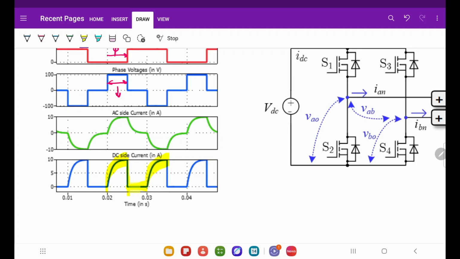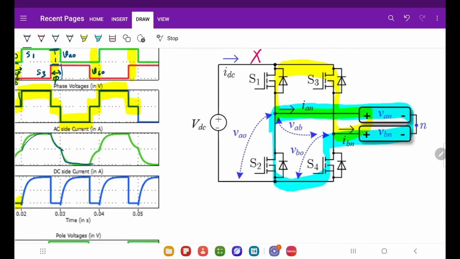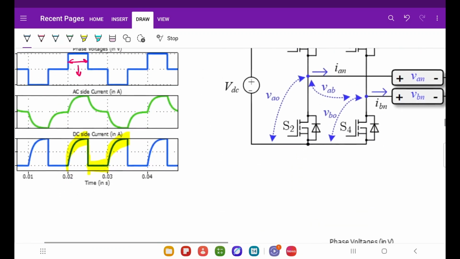In this period the DC side current is zero. We have already explained why this becomes zero, because it freewheels through the inductor, through the MOSFET switches.